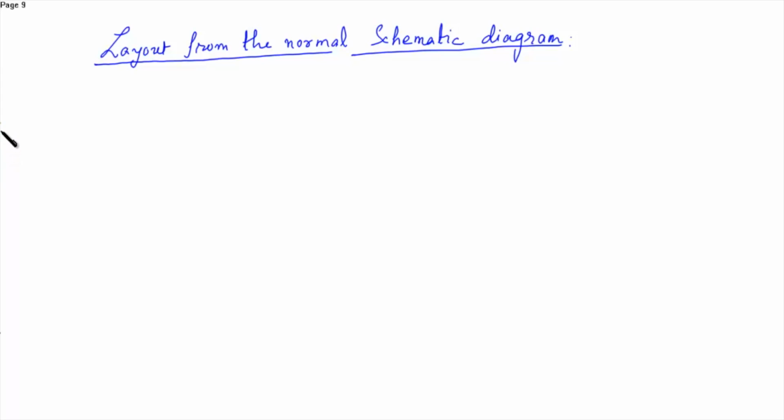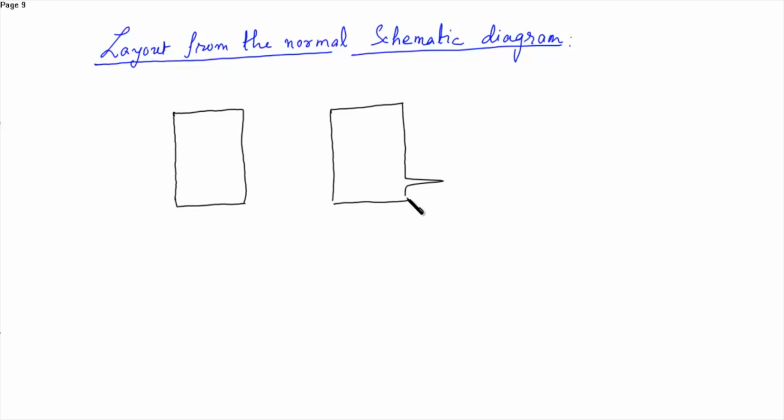When we talk of the normal schematic diagram, first we have to draw the two PMOS in parallel. So first draw the two N wells. This is the N well.